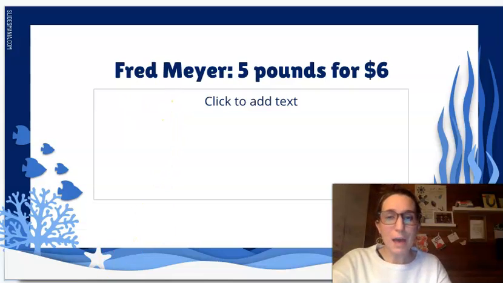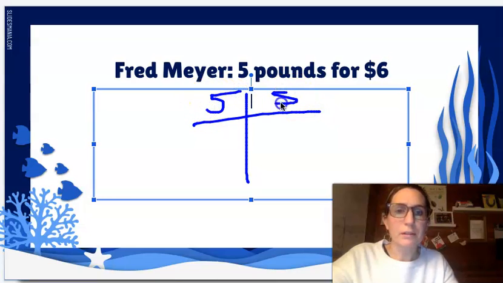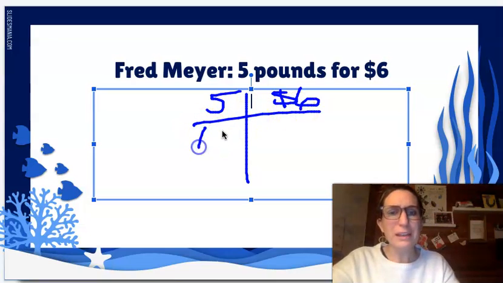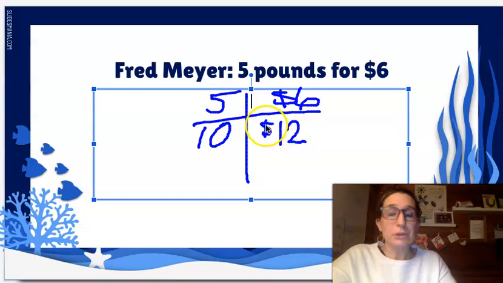So we have 5 pounds for $6. I know I can get to 10 pounds for $12. That's getting closer. And so again, we have equivalent fractions. 5/6 is equal to 10/12.